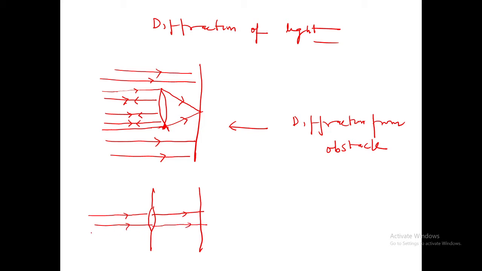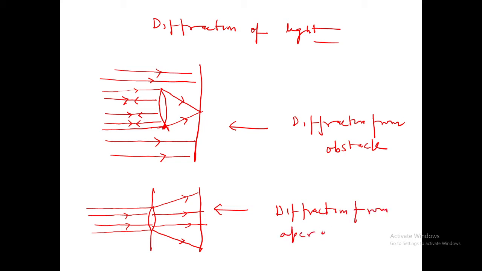But a ray which is striking at the corner is diffracted. So this is the case of diffraction from an aperture. So bending of a beam of light around an obstacle is called what?